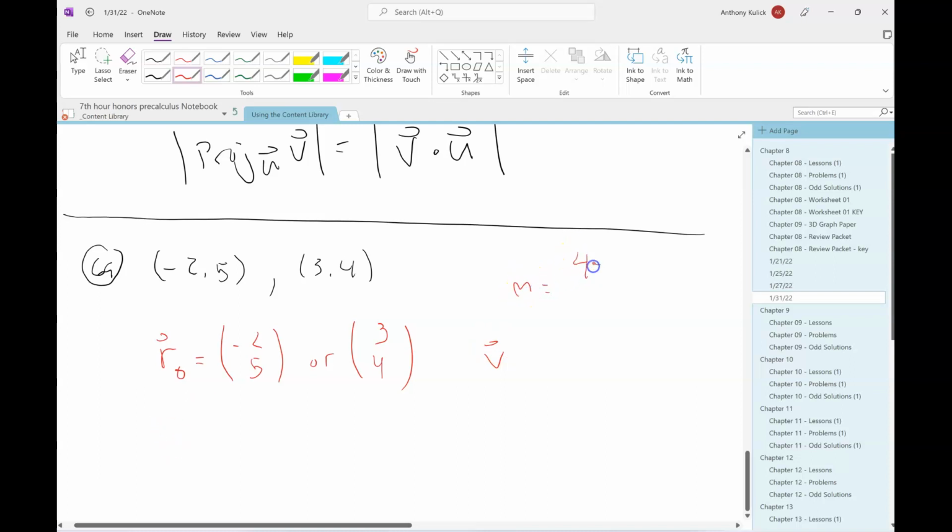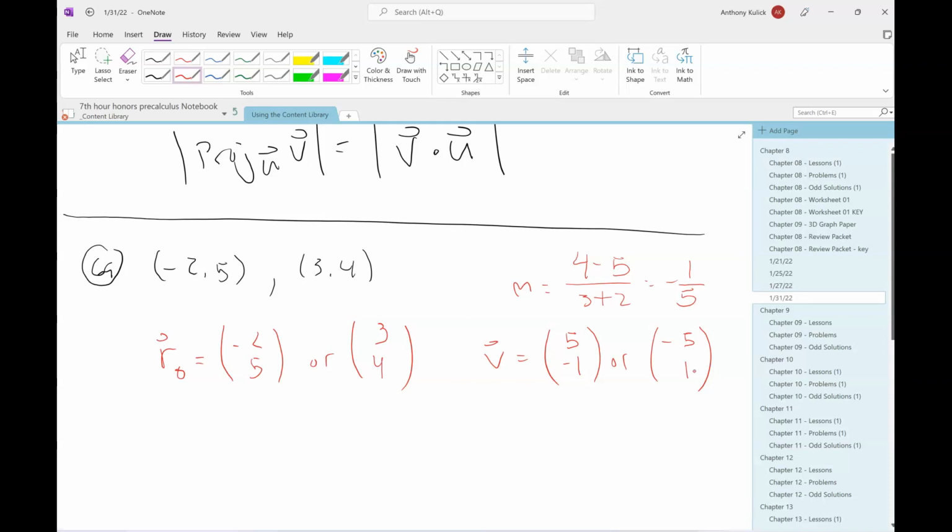So I'll calculate the slope first. So that gives me -1/5. So again, the two obvious slope vectors or direction vectors I would use are either 5, -1 or -5, 1.